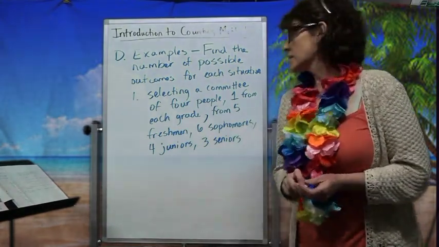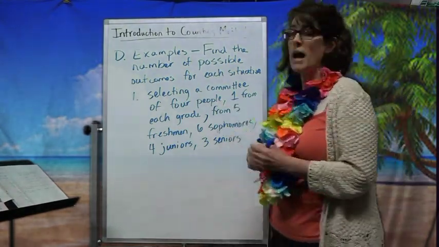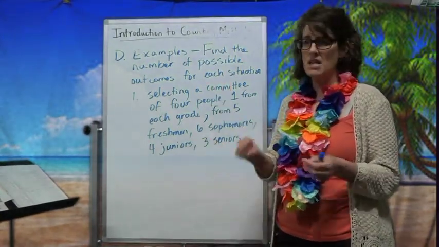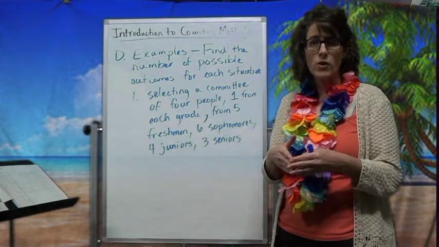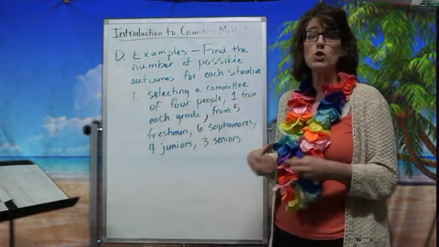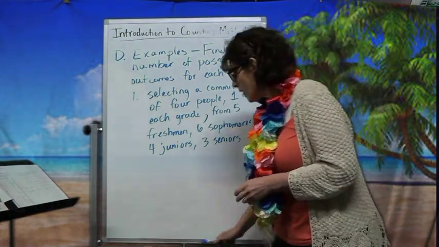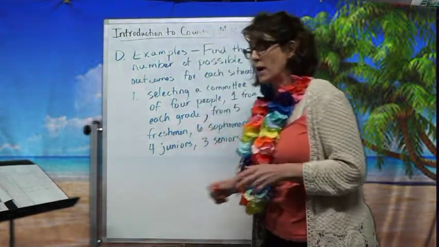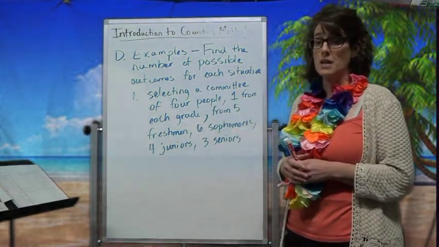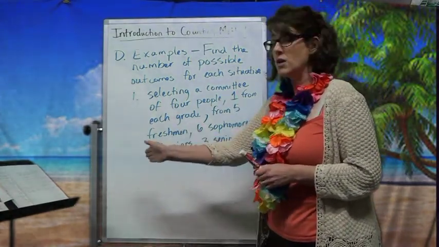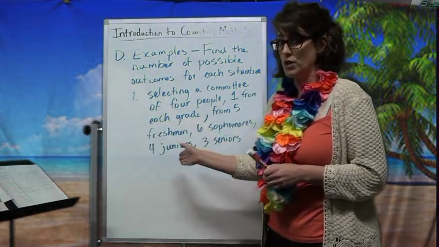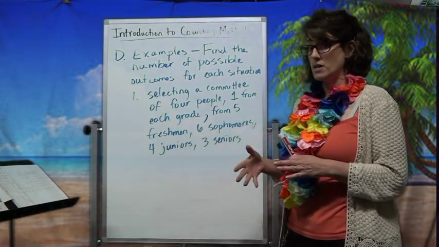So when we make this committee, I don't necessarily need to know what the arrangements will look like. It's not like I know the names of these kids and I'm going to put them in order by their name. I just need to know, okay, how many possible arrangements could I make in this? So I'm going to use my fundamental counting principle, because order is going to matter tremendously here. In other words, if I put a freshman here, and then I put a sophomore here, it's not the same thing as a sophomore and a freshman like this. Order matters in this case.